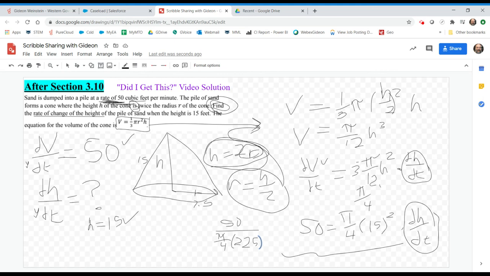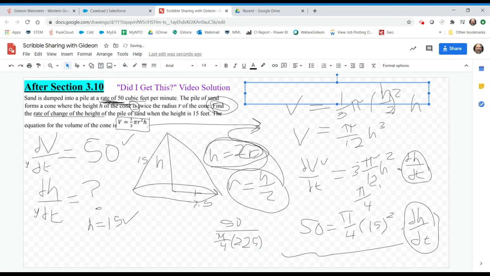So almost all related rates problems are quickly identifiable. What you need to remember is when you take the time derivative of something with other variables, everybody gets the chain rule. So that's the big takeaway that I'd like you to take away with you.